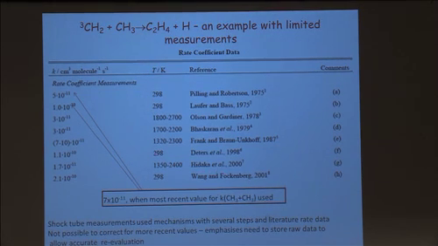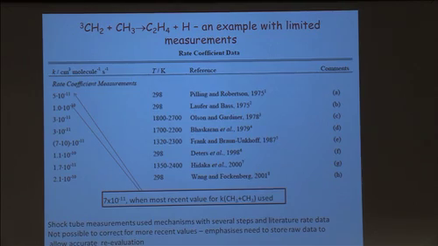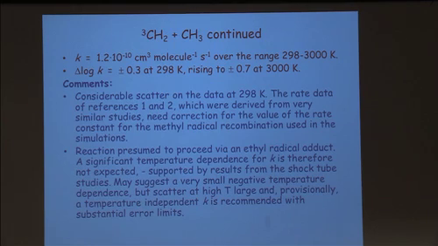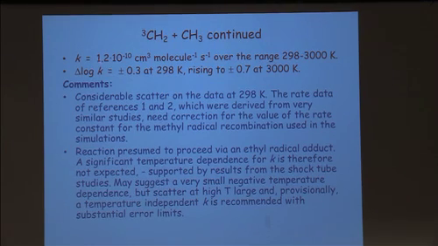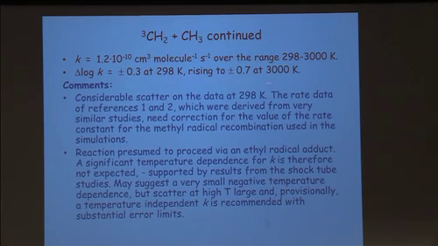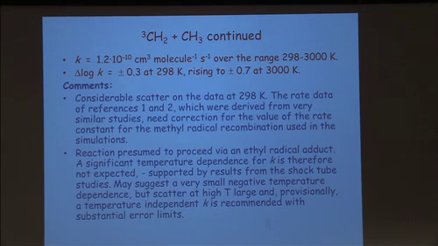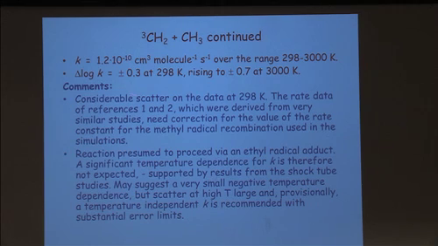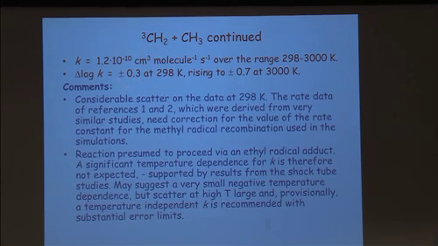I'll come back to that in a minute. This is the recommendation. What they recommend is a value of 1.2 times 10 to the minus 10, constant over this temperature range, with an uncertainty of a factor of 2 in the rate constant.